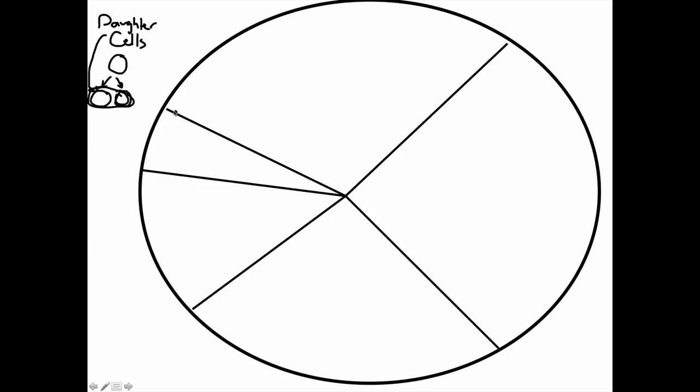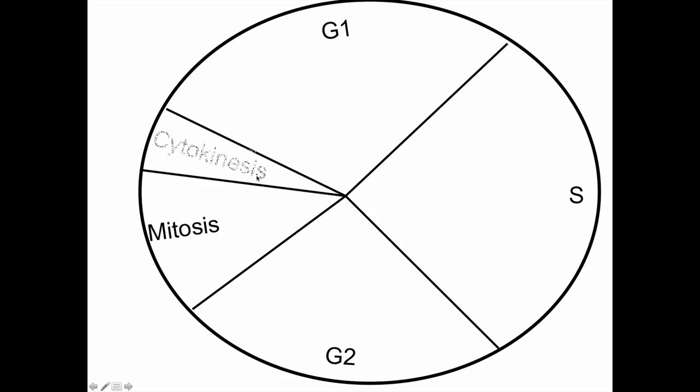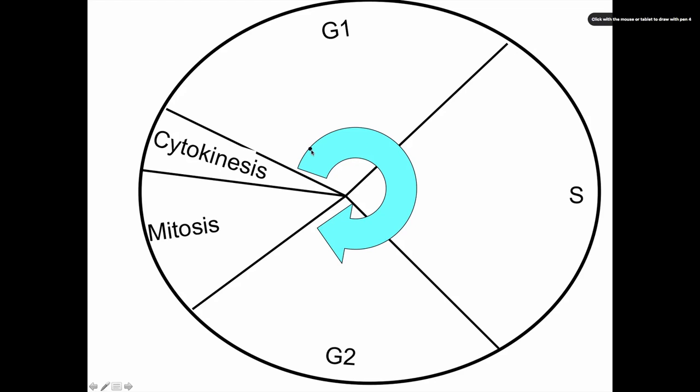Okay. So if we take a look at the cell cycle, there's predictable phases or steps in the cell cycle. The first is G1, then you have S phase, G2, mitosis, and cytokinesis. Now the majority of the cell cycle are these three steps here. So these three steps here are called interphase.